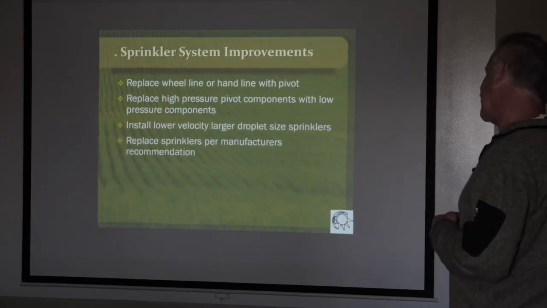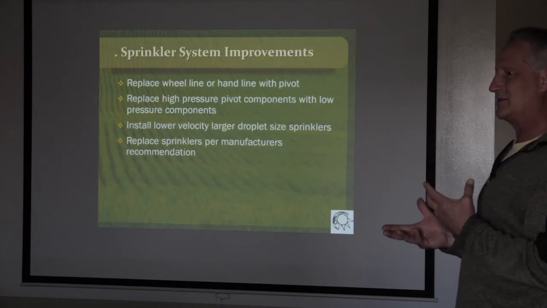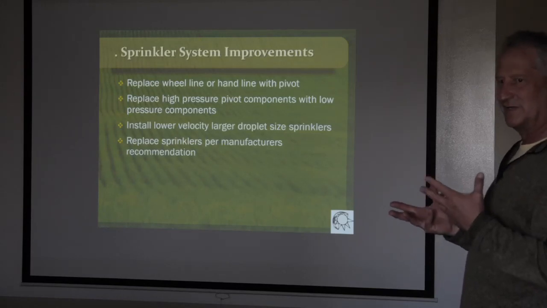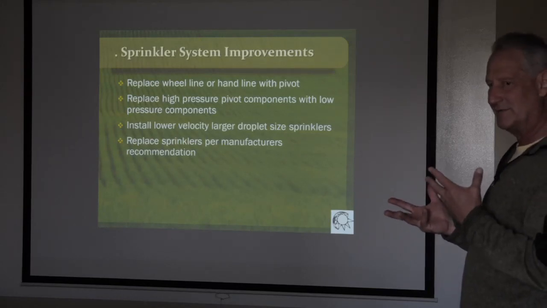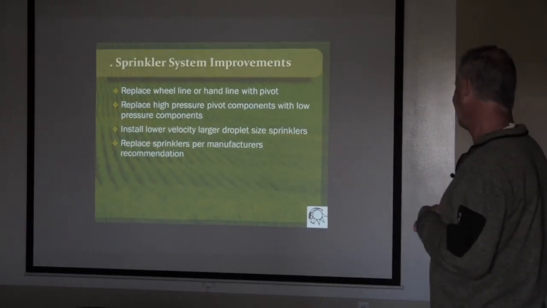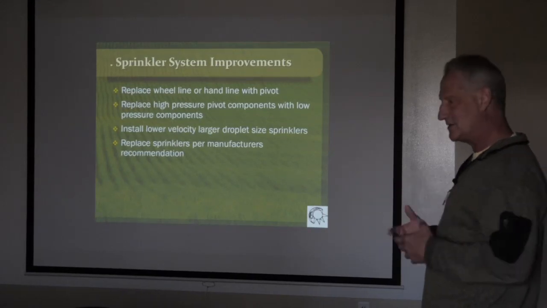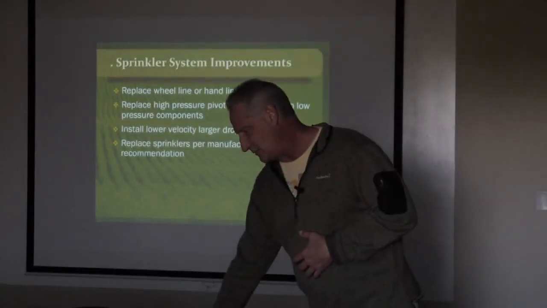Install lower velocity, larger droplet size sprinklers. That depends on the soils, so if the soil is amenable to that, then you could maybe do this. And then replace the sprinklers. Like we said, 3 years, probably worth it.